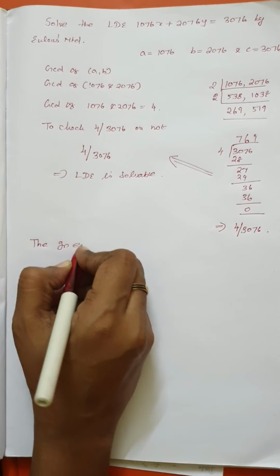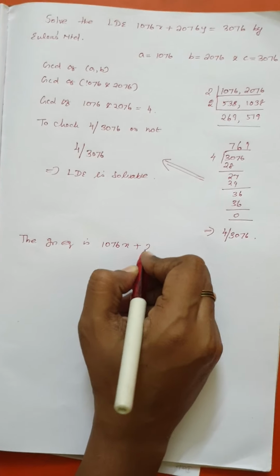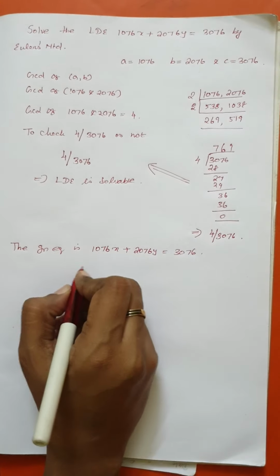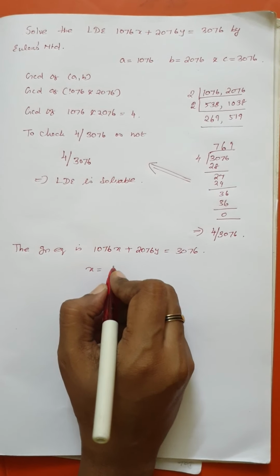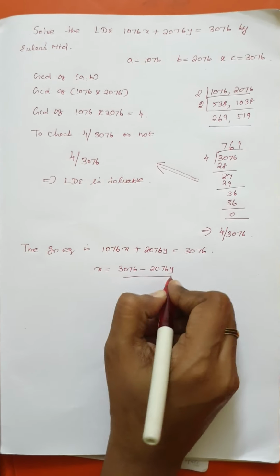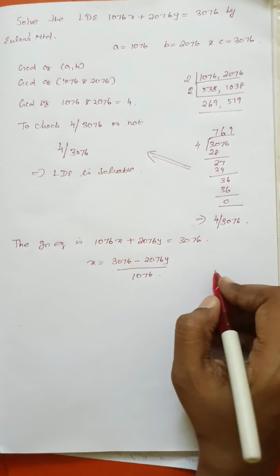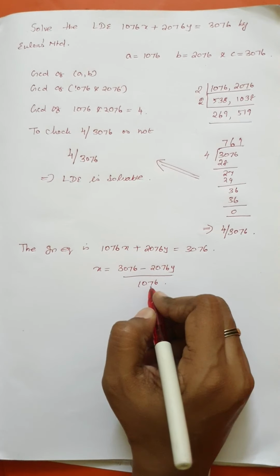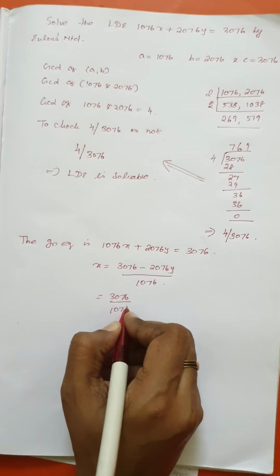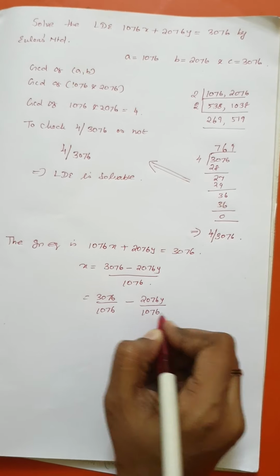The given equation is 1076x plus 2076y equal to 3076. From this we can find out the value of x as 3076 minus 2076y divided by 1076. So now divide both the numbers by 1076, that is 3076 divided by 1076 minus 2076y divided by 1076.